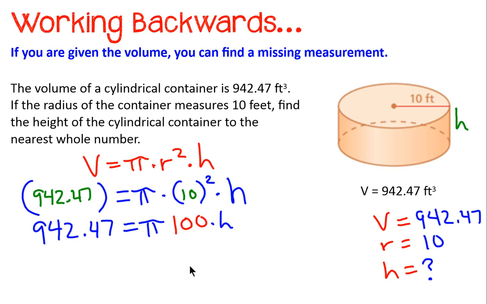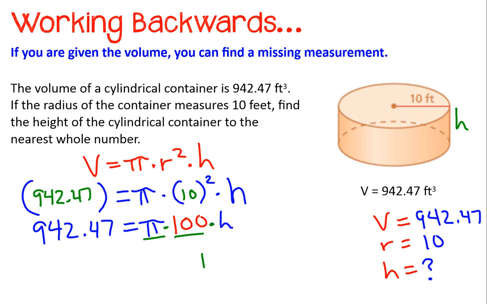All right, so I want to get this letter h by itself. So that means that I need to make all of this go away. And technically all of this is timesing by 100 and timesing by pi. Now both of these factors here, pi and 100, both of them are multiplying h.